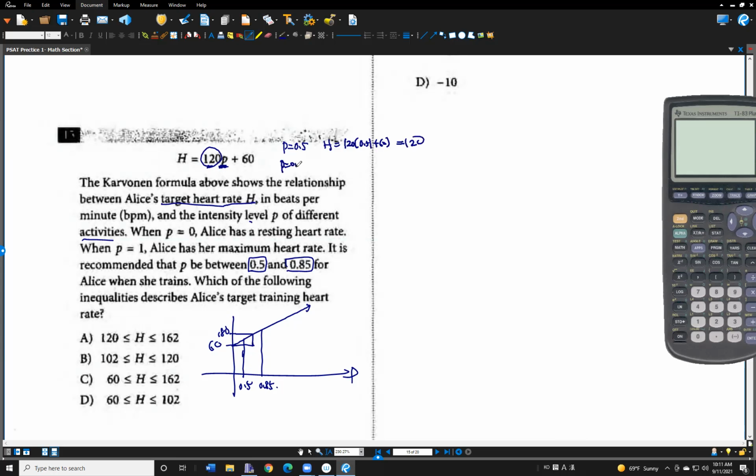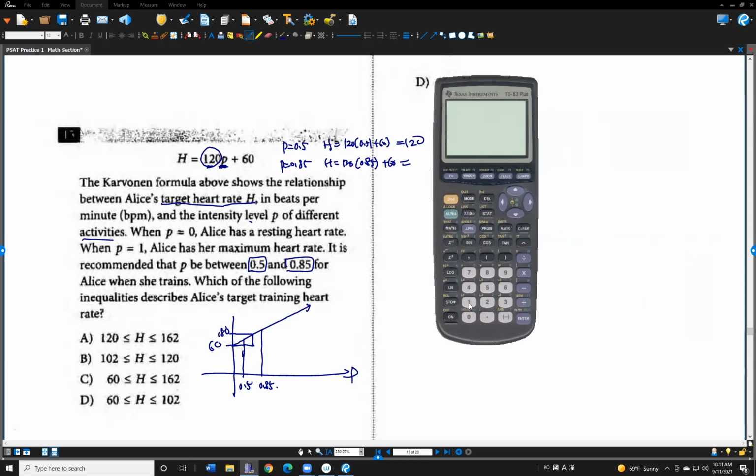And at P is 0.85, heart rate is 120 times 0.85 plus 60. How much? You can use a calculator. 120 times 0.85 plus 60 is 162, right? So target heart rate will be 120 to 162. That's the answer, because this is linear.